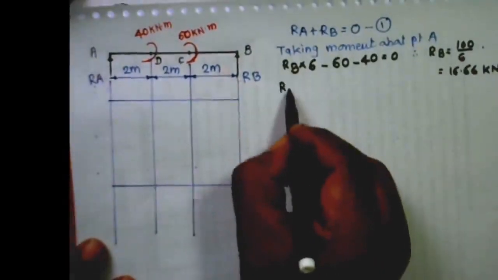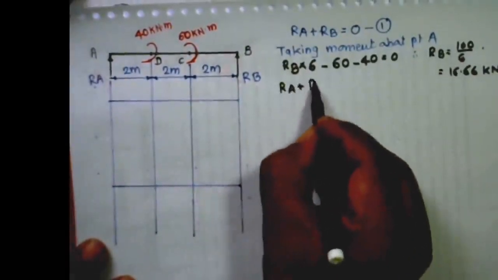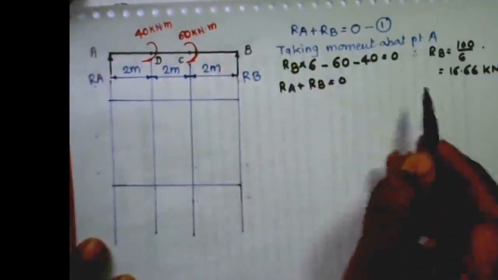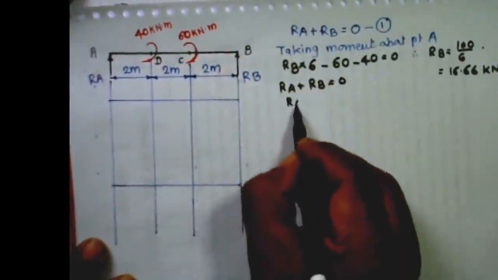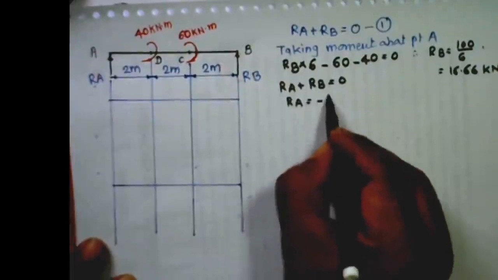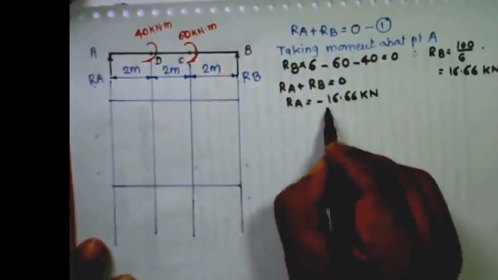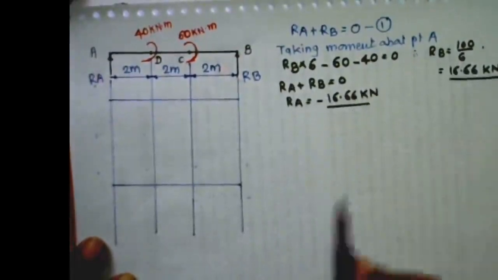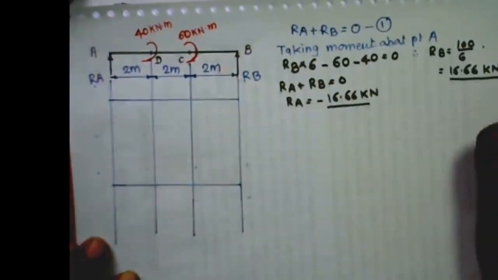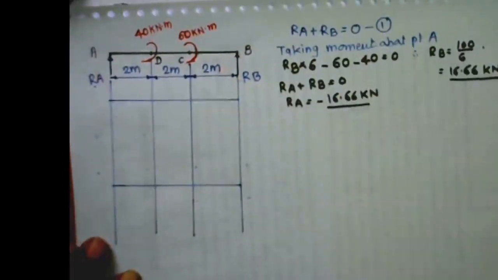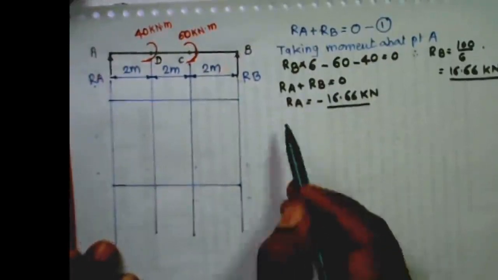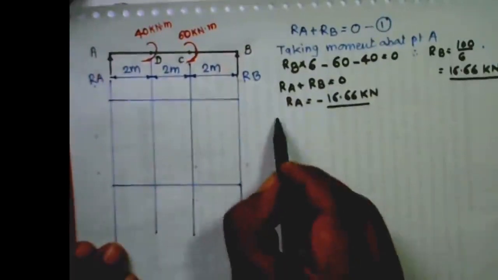RA plus RB is equal to 0. We know that. Put the value of RB here. So in that case again you will get RA is equal to minus 16.66 kilonewton. It means one reaction goes in upward side, the other comes in downward direction. Okay, now calculate the shear force.